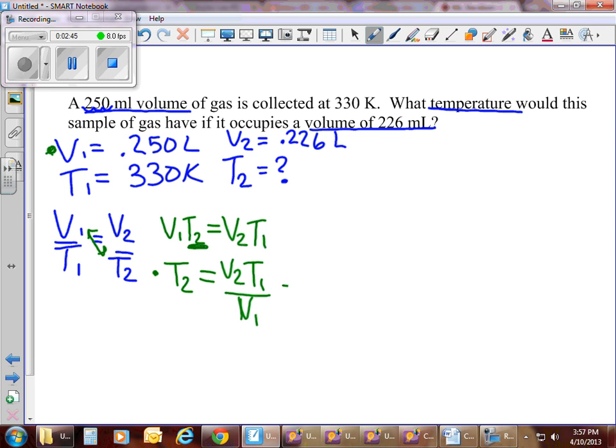The next thing I'm going to do is plug in my numbers. So my V2, 0.226 liters times T1, all divided by my V1, and plug it into our calculator.